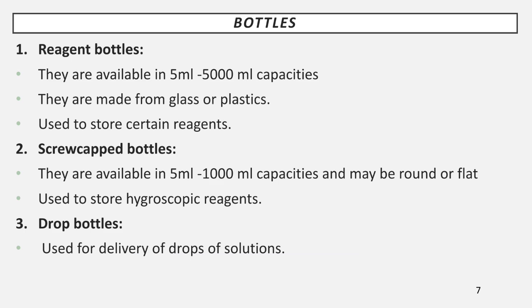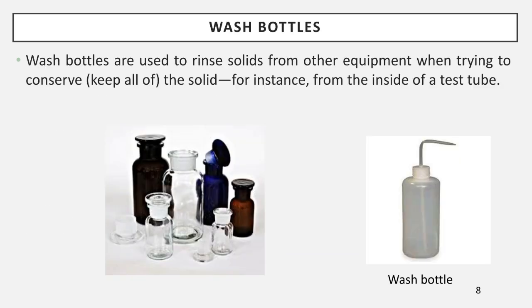They are available in 5 ml to 1000 ml capacities, round or flat, and are used to store hygroscopic reagents. And next one is drop bottles, used for delivery of drops of solutions. These are the different types of bottles: reagent bottles, screw capped bottles, and drop bottles.